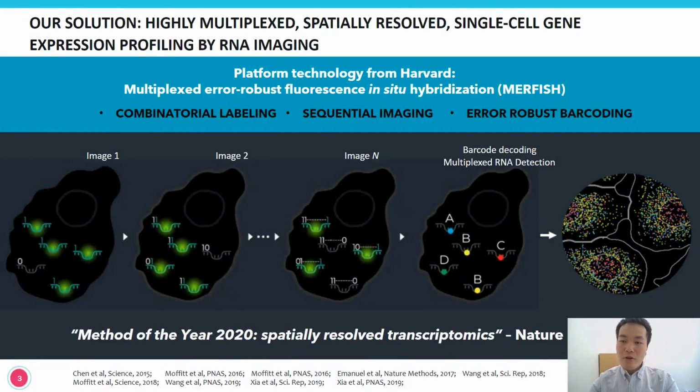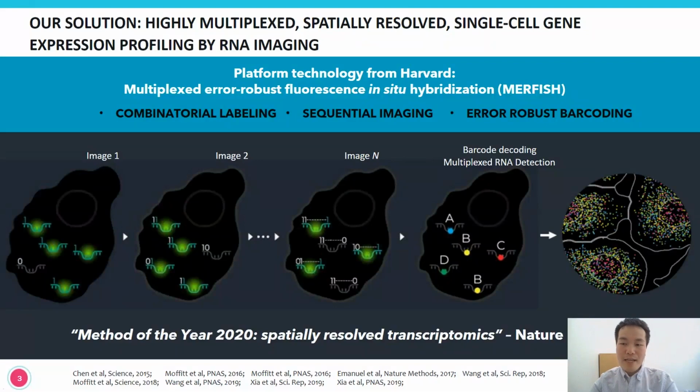So our platform technology licensed from Harvard University is called MERFISH, which stands for Multiplexed Error-Robust Fluorescence in situ Hybridization. This is an RNA imaging-based technique that can locate and quantify different RNA species at the same time with subcellular resolution. As some of you may know, there are actually existing RNA imaging technologies such as single-molecule FISH.